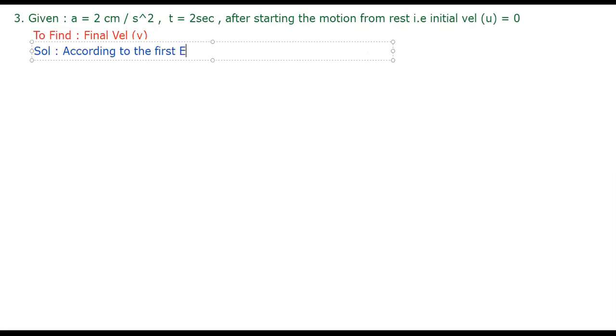According to the first equation of motion, v is equal to u plus at. v is equal to 0 plus 2 into 3.